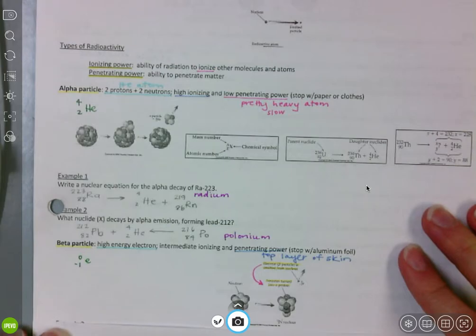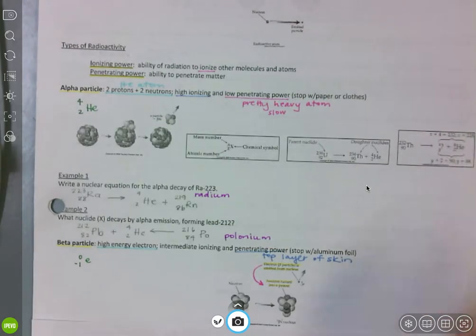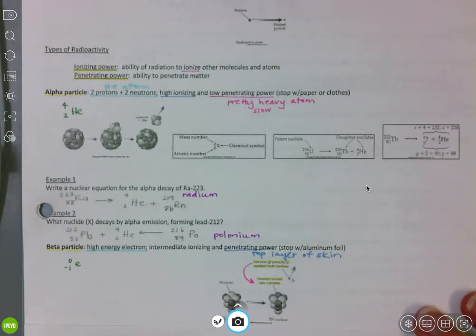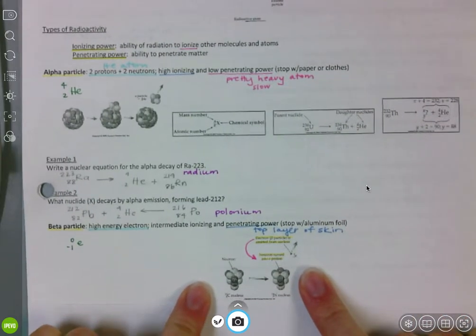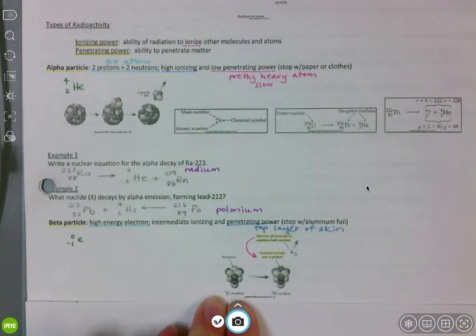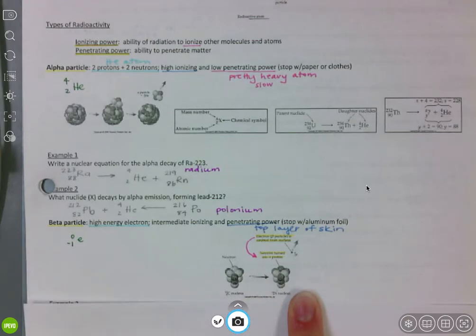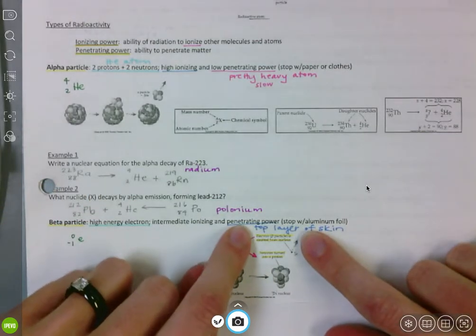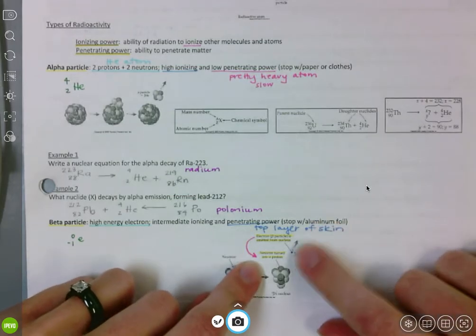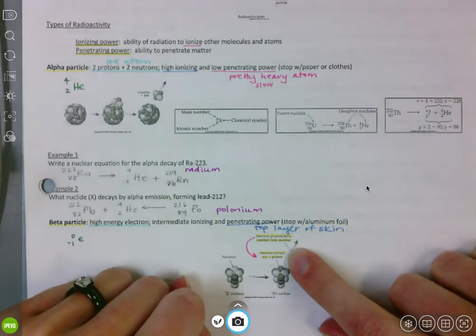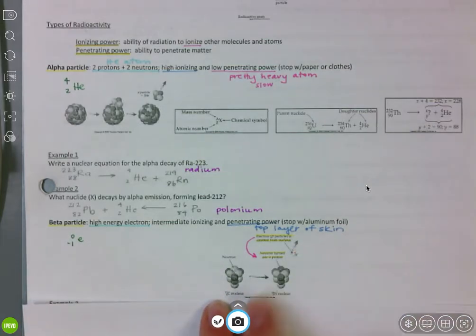For these nuclear equations that we are going to write in example 3 and 4, we're looking at what's going on here in this diagram. So notice we're starting with a carbon-14 nucleus, and through beta emission, a beta particle, an electron, is emitted from the nucleus, so that's leaving, and then a neutron is being turned into a proton. So notice how with beta emission, we're going from carbon-14 to nitrogen-14.